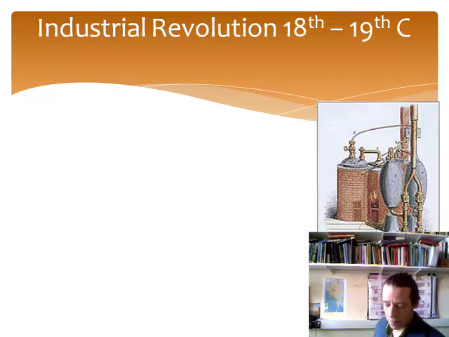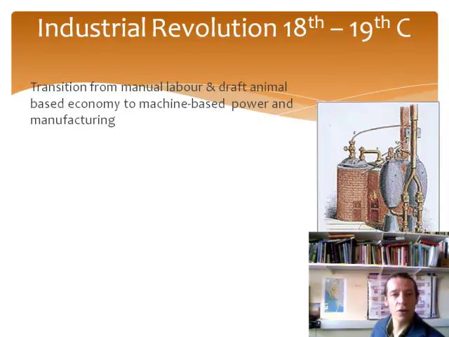Continuing this theme of historical changes, over the 18th and 19th century in Europe, there was a radical industrial revolution where these scientific principles were applied for different production, particularly replacing manual labour with machine power in manufacturing, in agriculture increasingly.